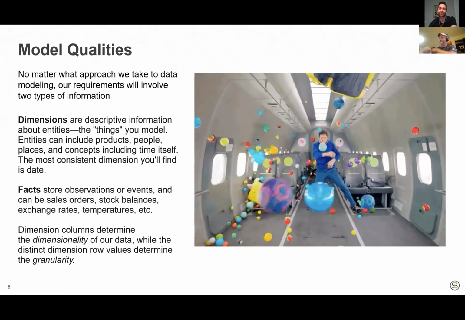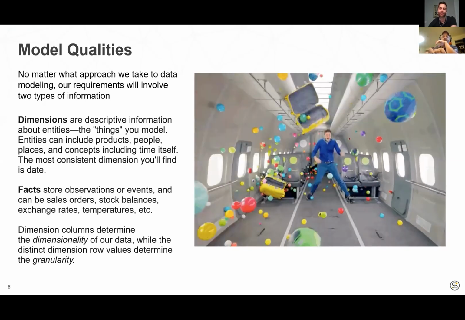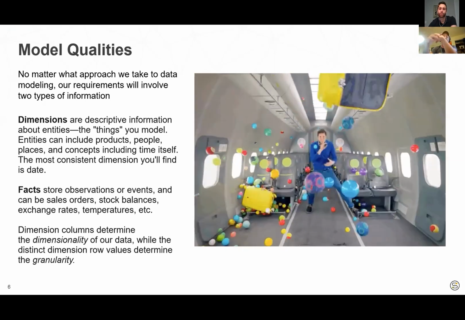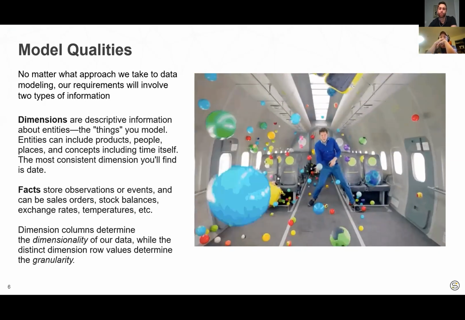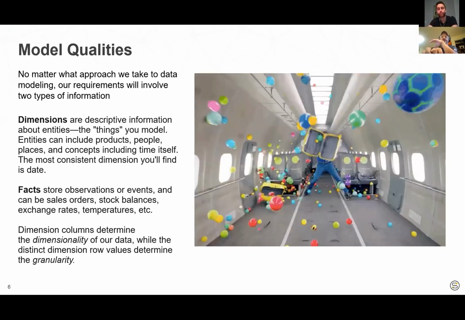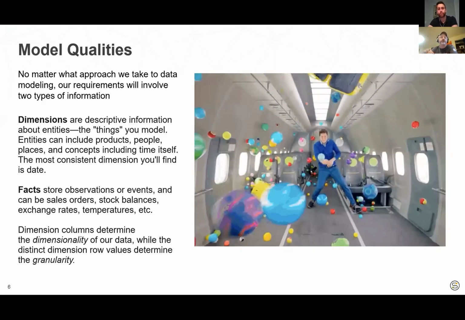So look, when we talk about data models, we're going to talk about a bunch of different schemas here. But with regards to any data model, our requirements are always going to involve two different types of information. And you guys know this already, but it's worth calling out that dimensions are going to be the descriptive information about the entities, the things that we're modeling.